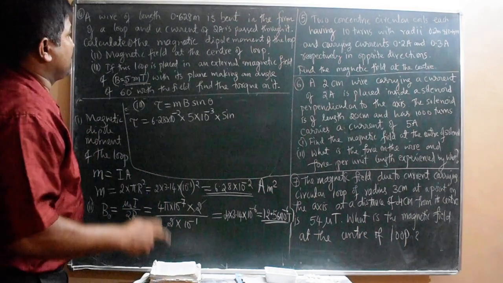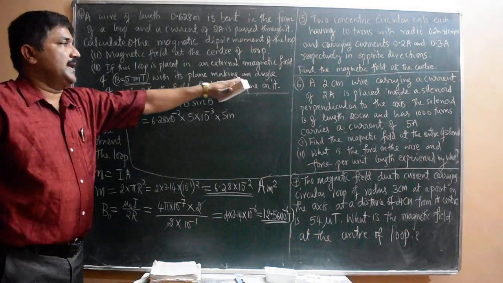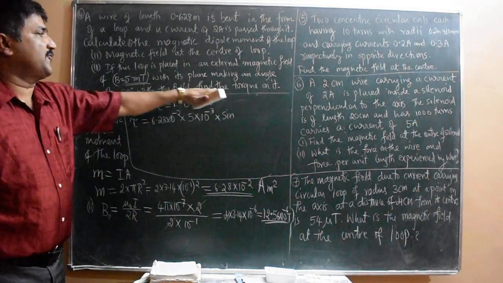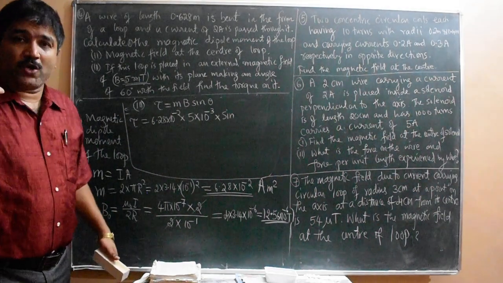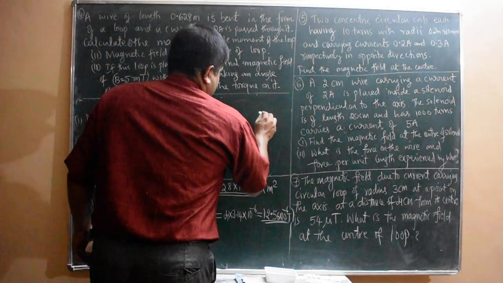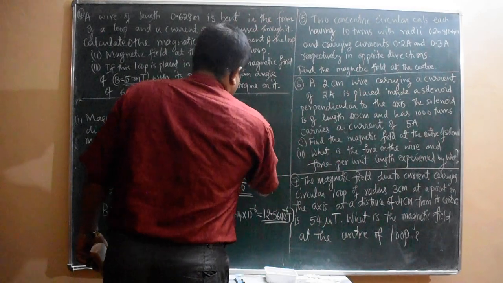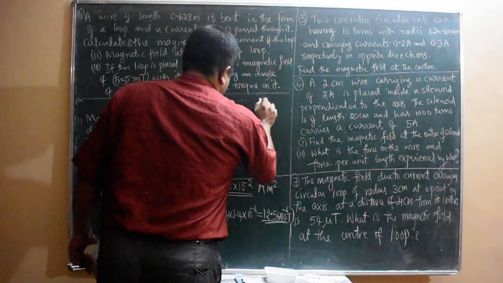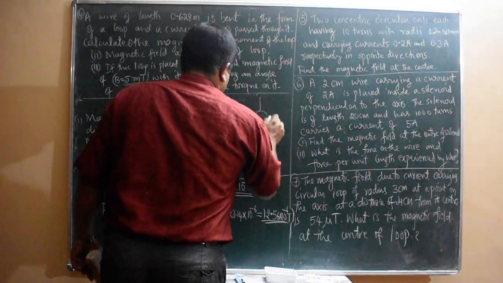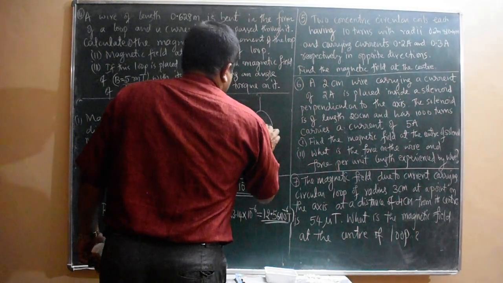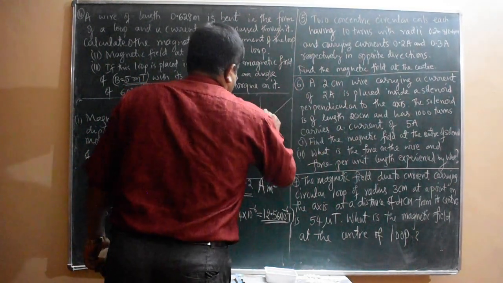So now you have to understand the plane making an angle of 60 degree with the field. Plane of the coil makes. This is the direction of the loop. It is suspended like this. And now the plane makes an angle of 60 degree.